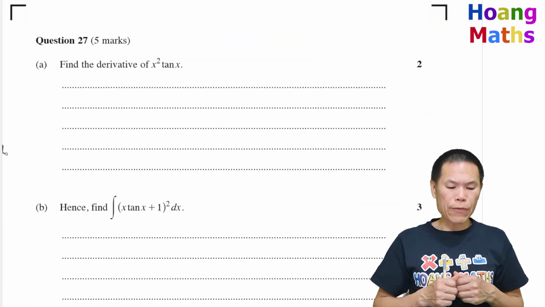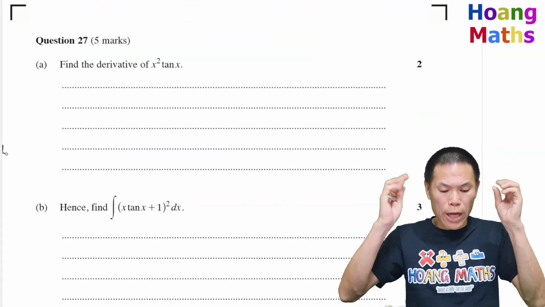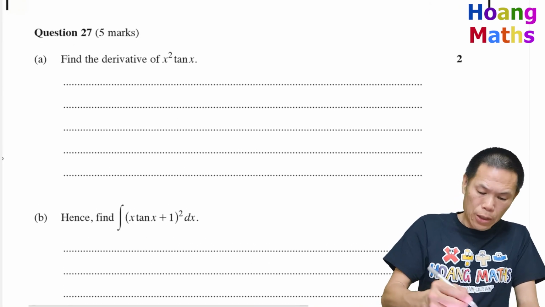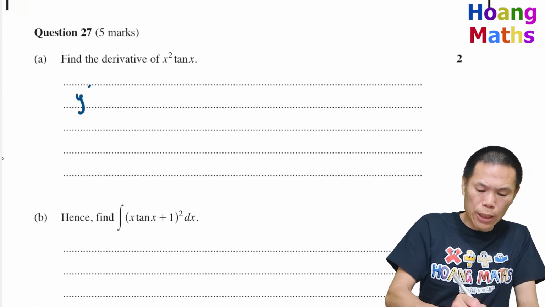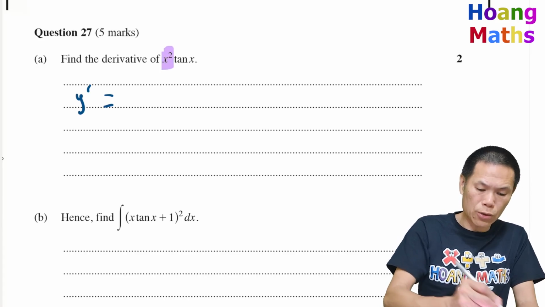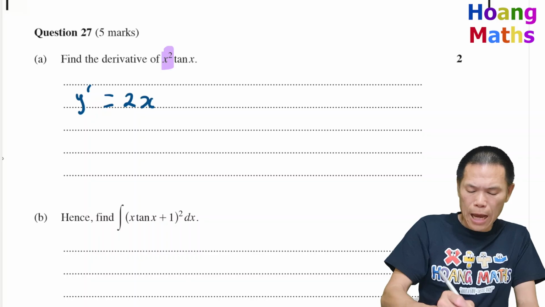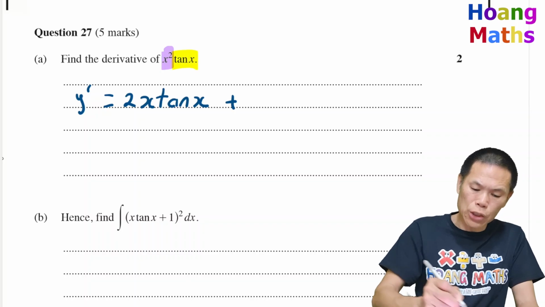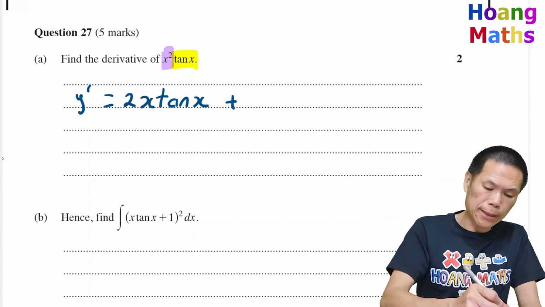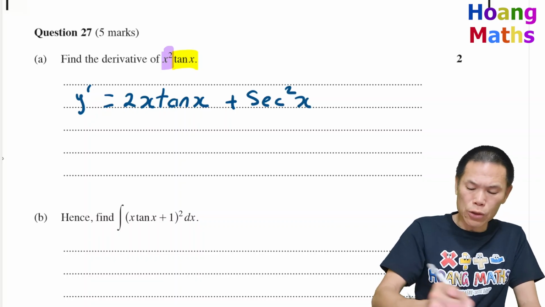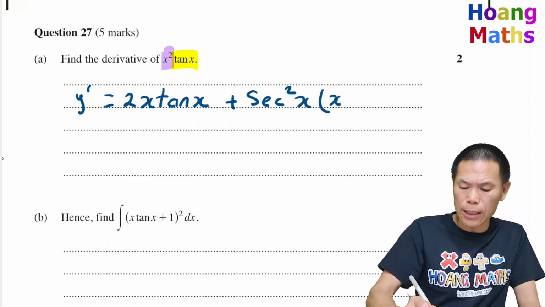Now question 27. We need to differentiate x squared times tan x. So we use the product rule. y dash equals: we differentiate the first function, which gives 2x, and multiply by the second function, tan x. Then we differentiate the second function, tan x, which gives sec squared of x, and multiply by the first function, x squared.